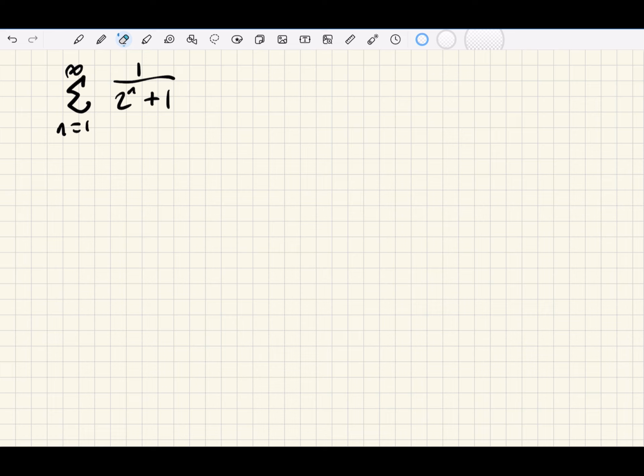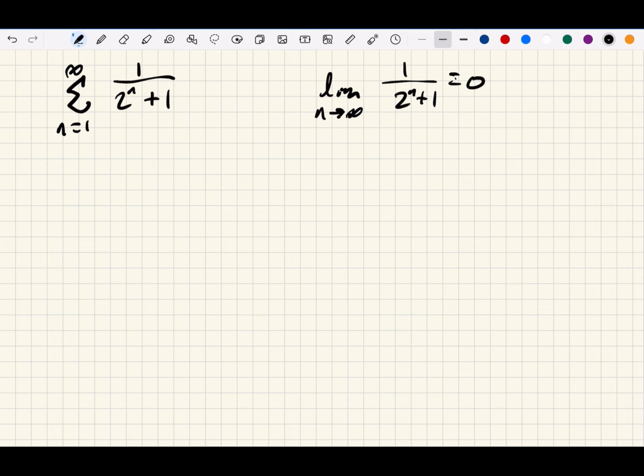If I was to start with the test for divergence, if I'm that sort of person that likes to start that way, then I might look at the limit as n goes to infinity of 1 over 2 to the n plus 1. But that doesn't require a logical leap to see that limit is 0, because the denominator increases without bound.